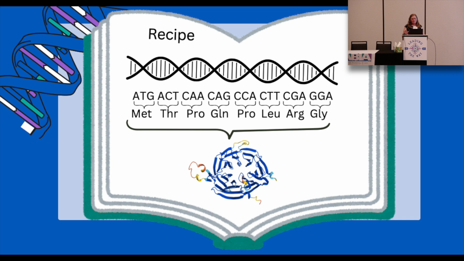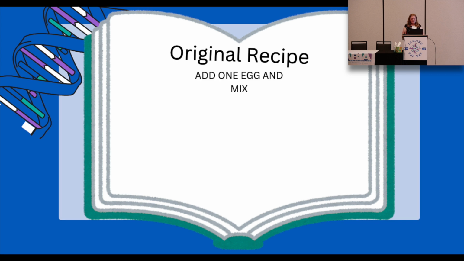So a way to simplify this concept is to go back to our recipe book and look how changes to the recipe can impact the final product using our own language with 26 letters. So in this example, we have a line in the recipe book that says, add 1 egg and mix.